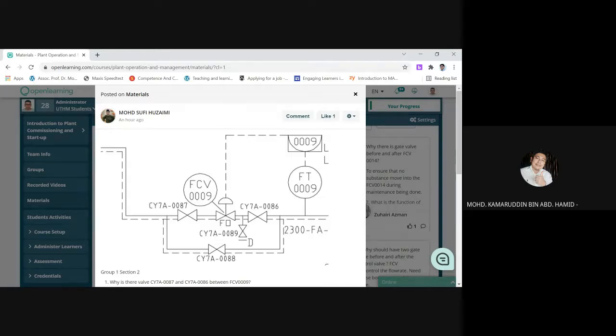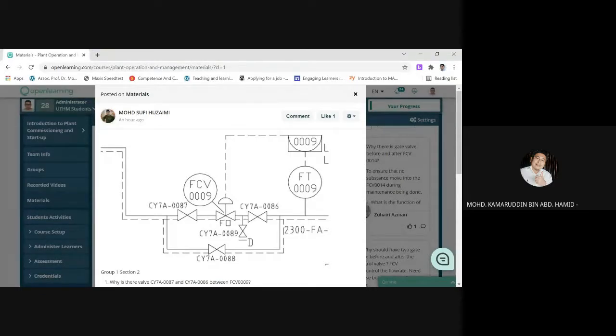Kalau ada pun the flow maybe easy to have a high flow, tapi jarang lah benda tu.